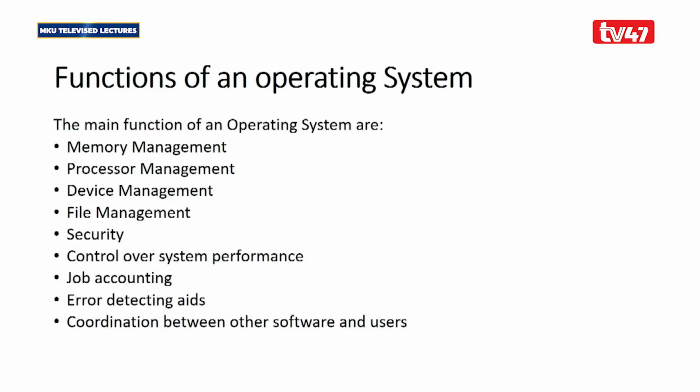Then what are some of the functions of the operating system? The main functions are main memory management, which we'll explain, processor management, which we'll also explain, input and output device management, file management, security, control over system performance, job accounting, error detecting aids, and coordination between other software and users.